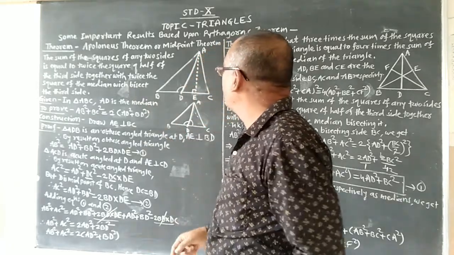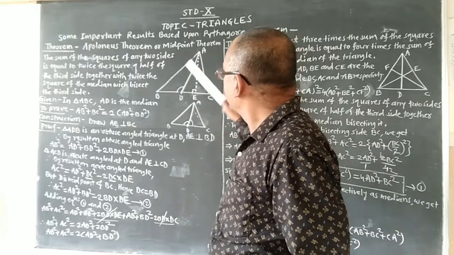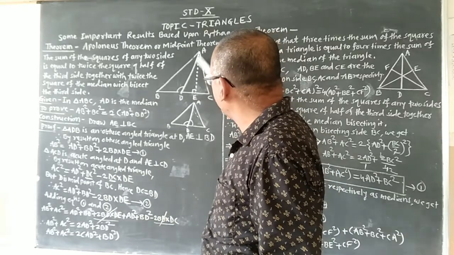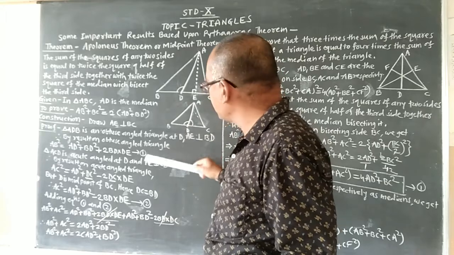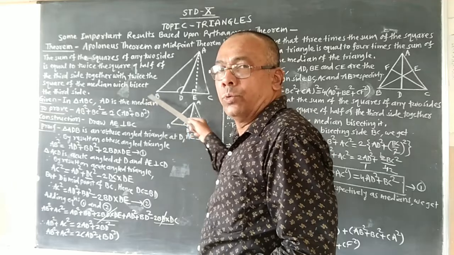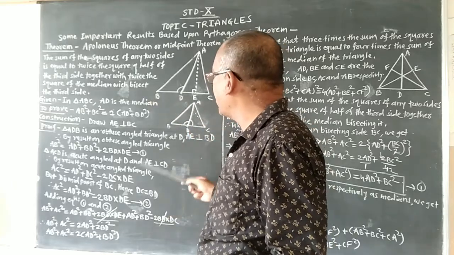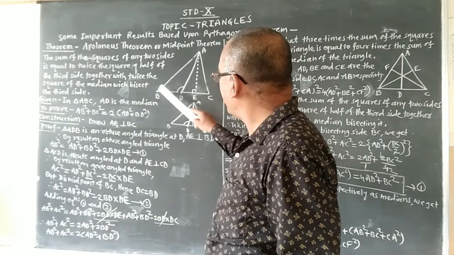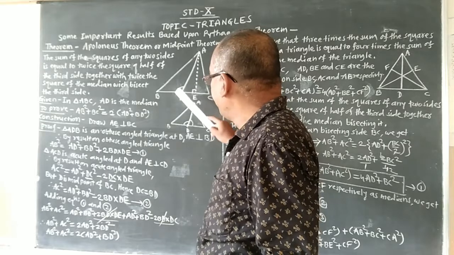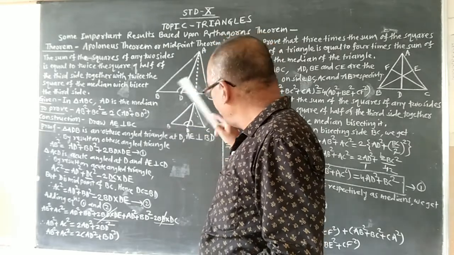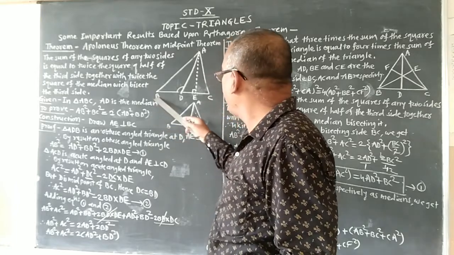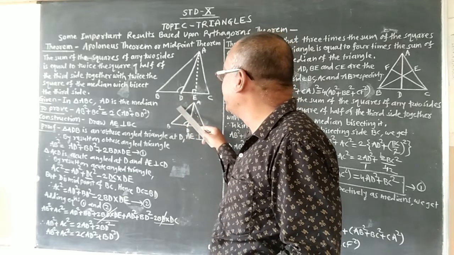Means here we have to prove that AB square plus AC square is equal to 2AD square plus 2BD square, or 2 into bracket 1 upon 2 BC square, because 1 upon 2 BC is half of BC, that is BD.